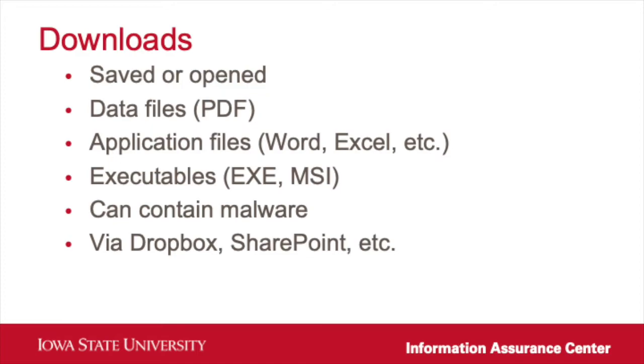Then there are executables, EXE and MSI types of files. This we'll definitely talk about in malware, part 5. But just a little bit of a hint: you typically don't want to open these executables, but sometimes you go to a site that's offering you a legitimate executable.